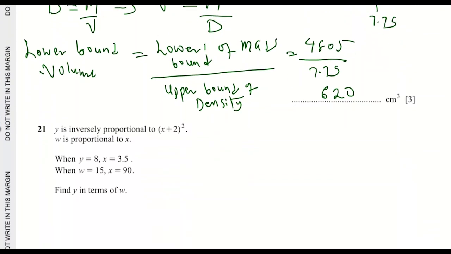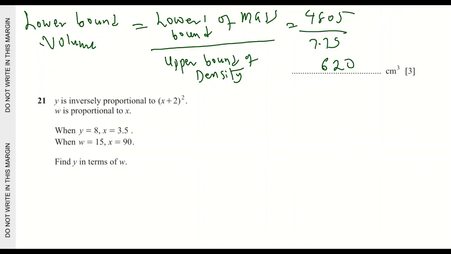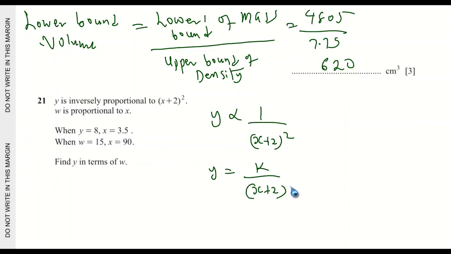So the last question, but not the least. Y is inversely proportional to this. It means y is inversely proportional to 1 over x plus 2 all squared. So y equals k over x plus 2, squared.